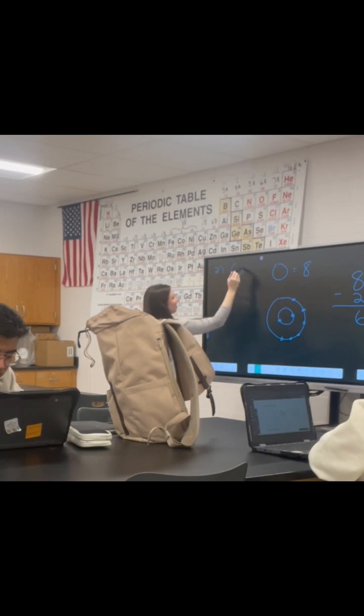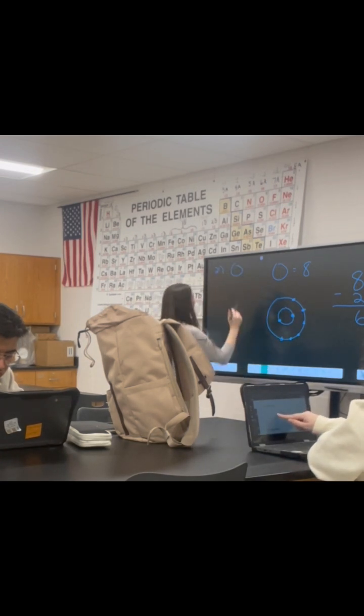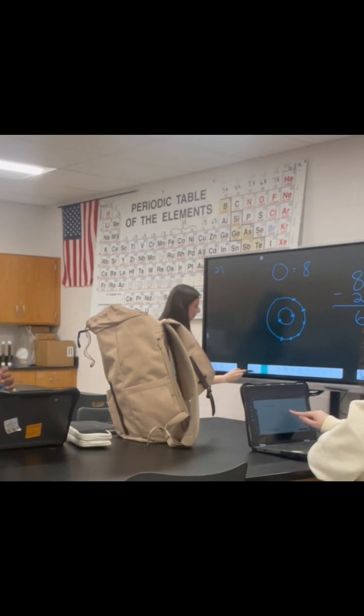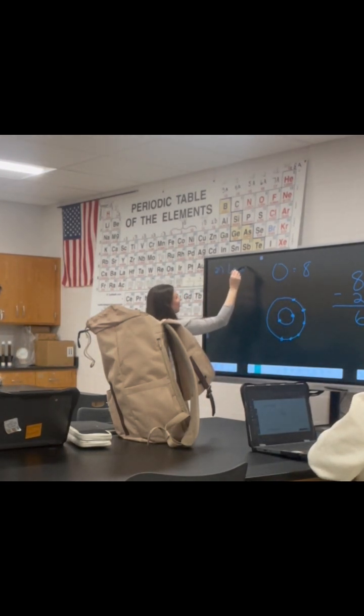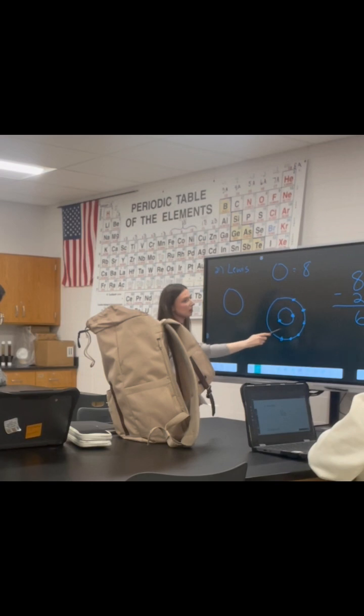So we've got oxygen. Let's just put Lewis structure. So we have oxygen, right? Now over here, we just found out that oxygen has 6 electrons in its outer level. 1, 2, 3, 4, 5, 6.